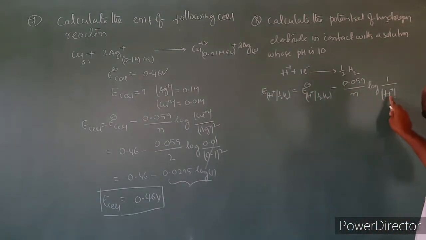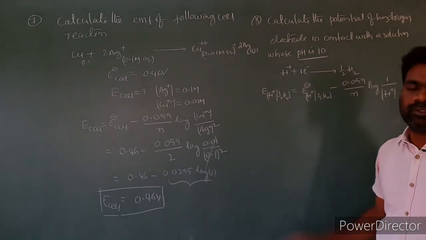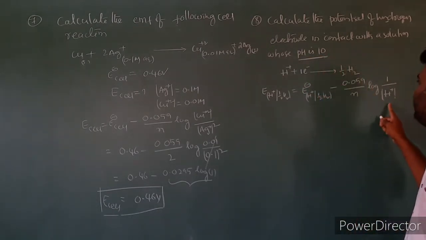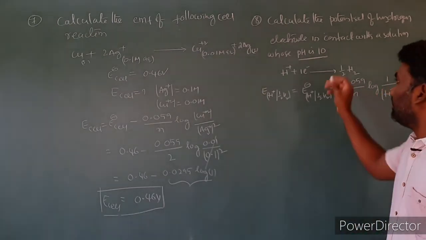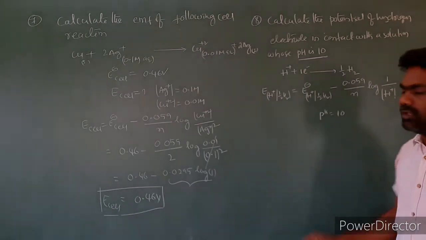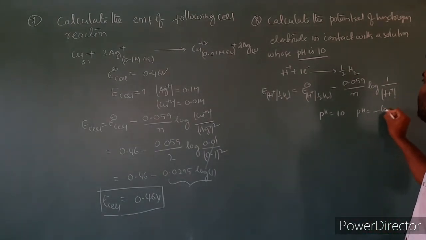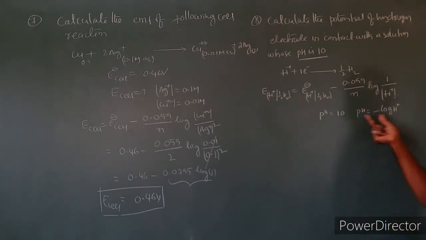Here the concentration of H+ is not given, but the pH is given. So the pH is given, but we need the H+ ion concentration. The pH is equal to 10. We have the formula: pH is equal to minus log H+ ion concentration.